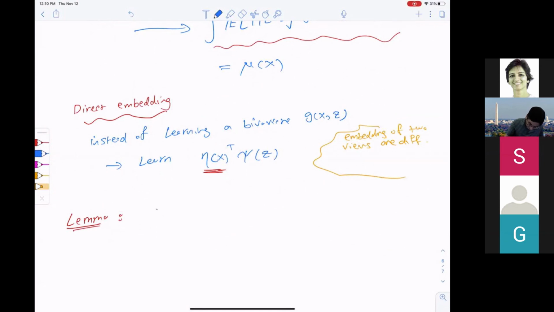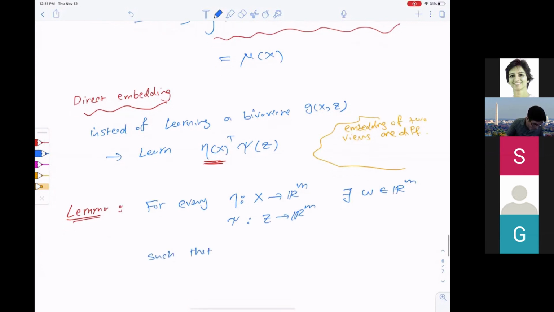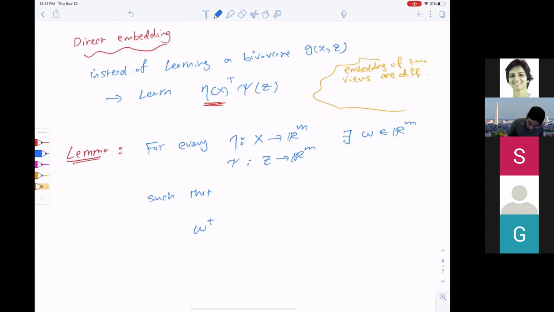It says for every pair of functions, let's say mu from x to, again, embeddings are m-dimensional, and psi from z to m-dimensional, there exists a linear function w with coefficients w in m dimensions such that if I look at the linear function of just one of the functions, w transpose eta of x, that is actually close to the mu of x.